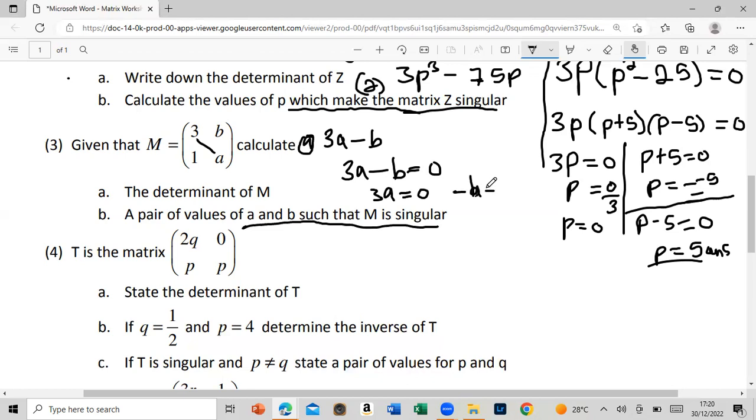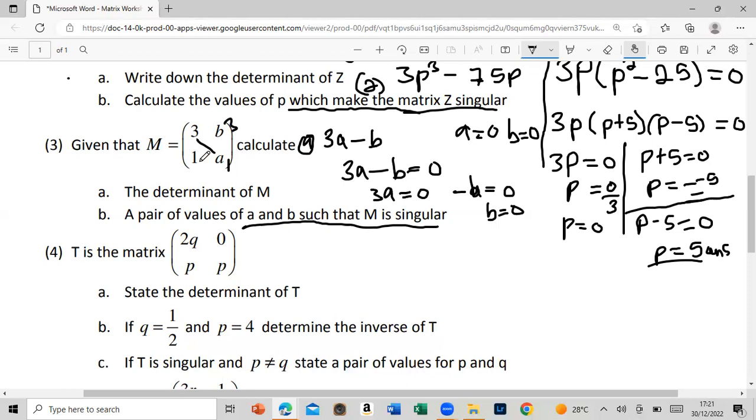Minus B equals 0. Therefore, that implies B is equal to 0, and for this, A is also 0. So that's one option, A equals 0 and B equals 0. Another option would be B equal 3 and A equal 1.